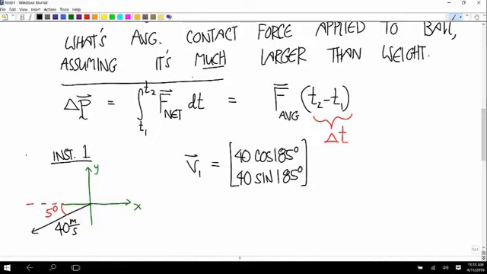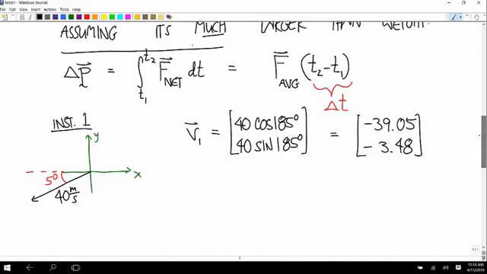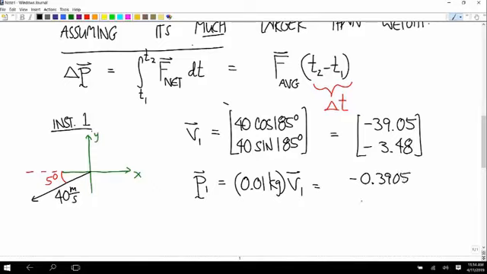And so the linear momentum is just that times the mass, and so that's equal to negative 0.3905, negative 0.0348, and the units are kilogram meters per second.